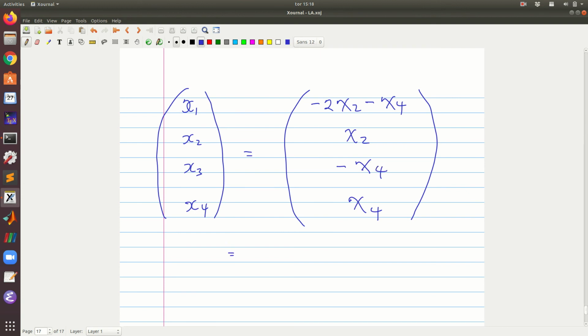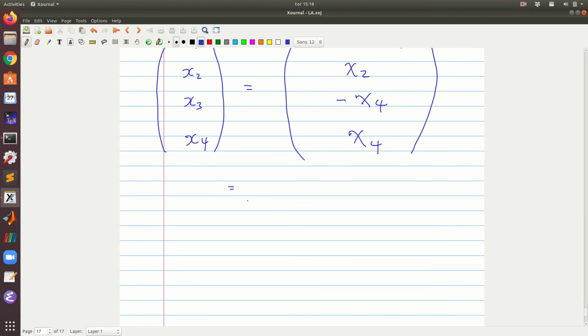So we can still write this as, because we have x2 is free, plus x4.